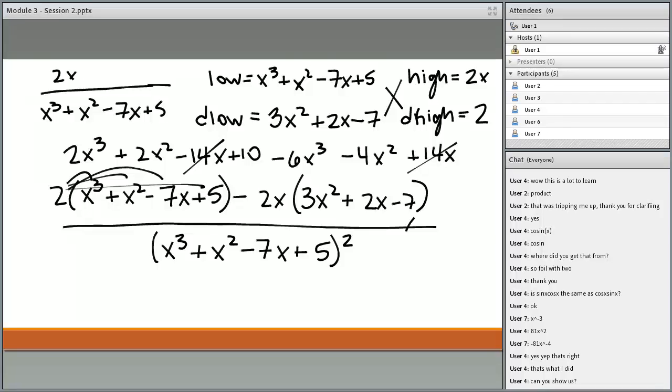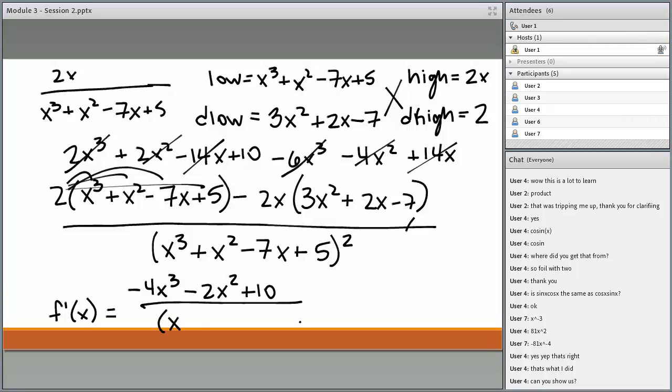And then we could combine some of the terms. So the 2x to the third minus the 6x to the third, we get minus 4x to the third. And I just usually mark those out once I've combined them. And then the 2x squared minus 4x squared, I get minus 2x squared. And then the only thing left at this point is the 10. And all of that is over the denominator squared.